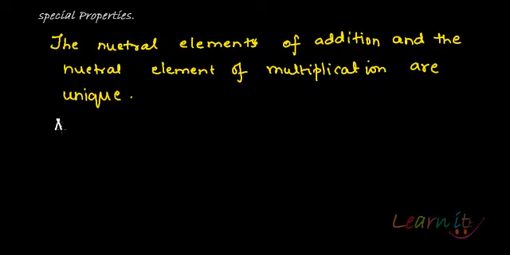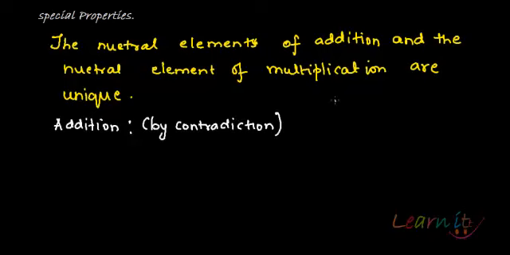So first we'll do it for addition. I'll do it by contradiction. When we are doing it by contradiction, what we are doing is nullifying what we want to prove. By contradiction, what I mean is that I'm saying that it is unique, but let me just start off with what if it is not unique.